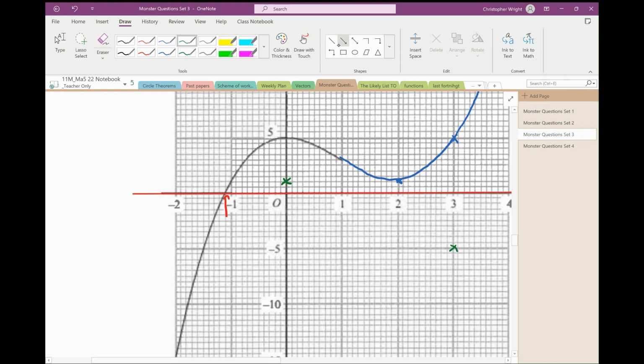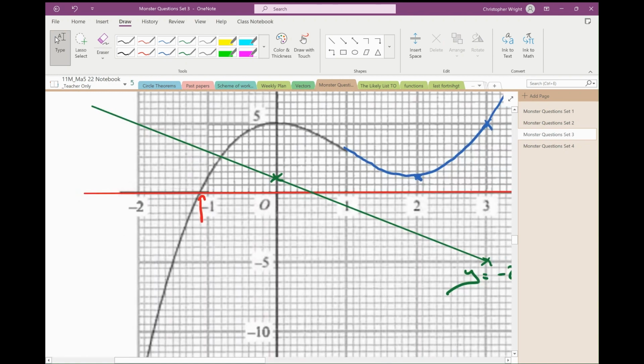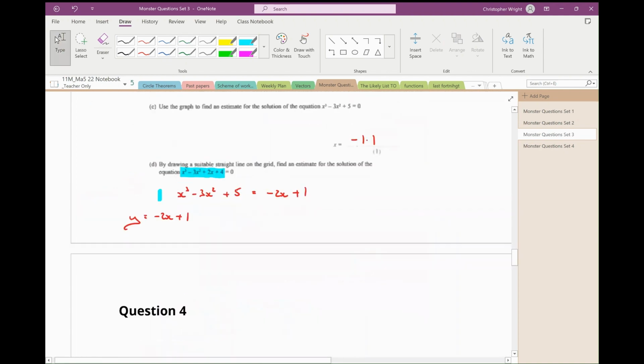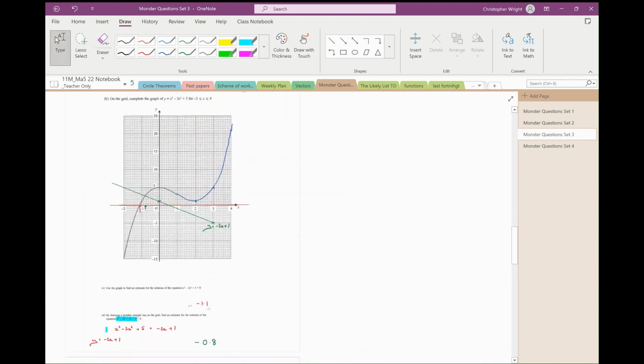I can join up these 2 points, and that will be the line y equals minus 2x plus 1. And the value of x which solves the equation is this value of x here, which looks to me as if it's minus 0.8. Okay, there is the solution to that question.